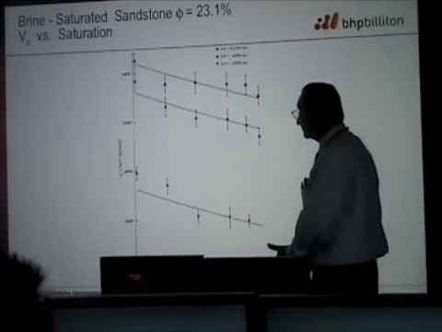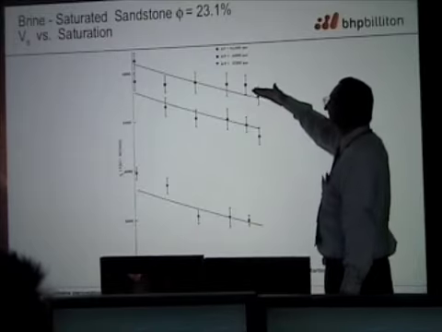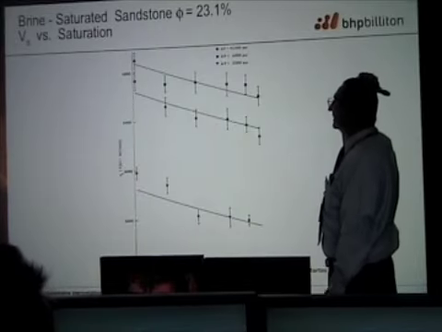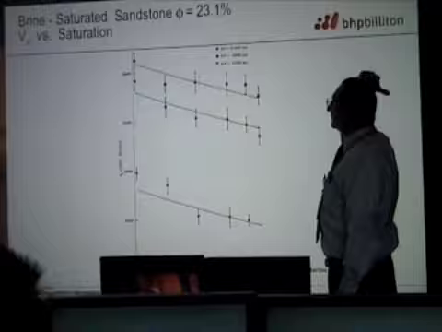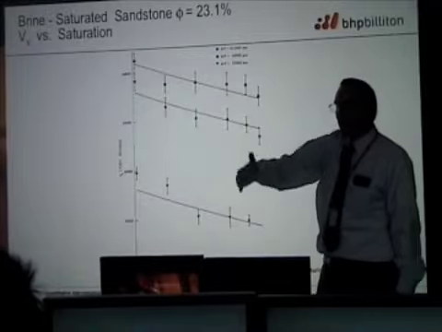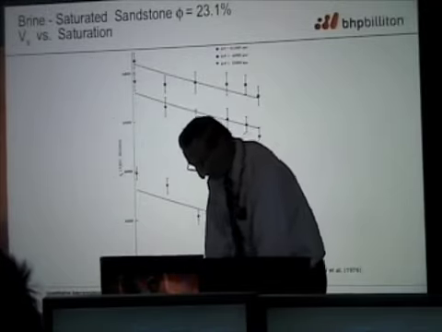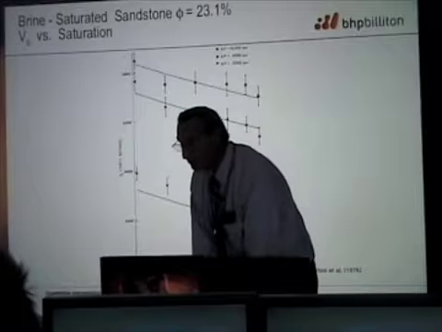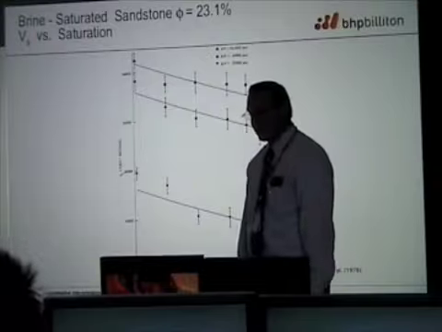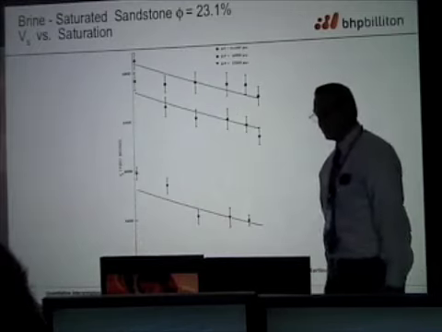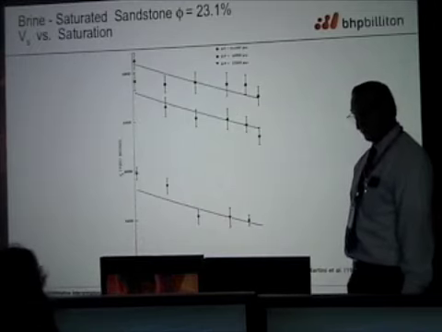What about the VPs? One other thing I should say, and it's important to say. Somebody asked, what happens if you do the shear velocities? Do they change with differential pressure too? Well, now, do they?